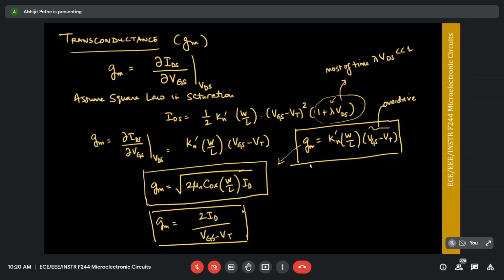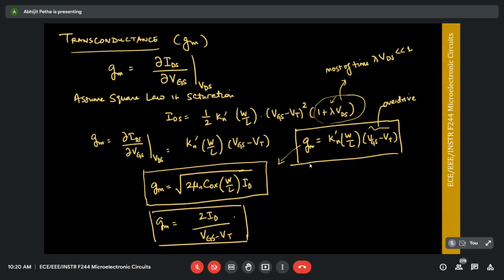Design is all about having certain degrees of freedom, and you have to pick two. For example, many times you will have the option of changing the VGS minus VT using some other voltage technique. In that case, you'll have to pick the right VGS minus VT for a given amplifier gain. There you can pick either the first formula or the second formula.